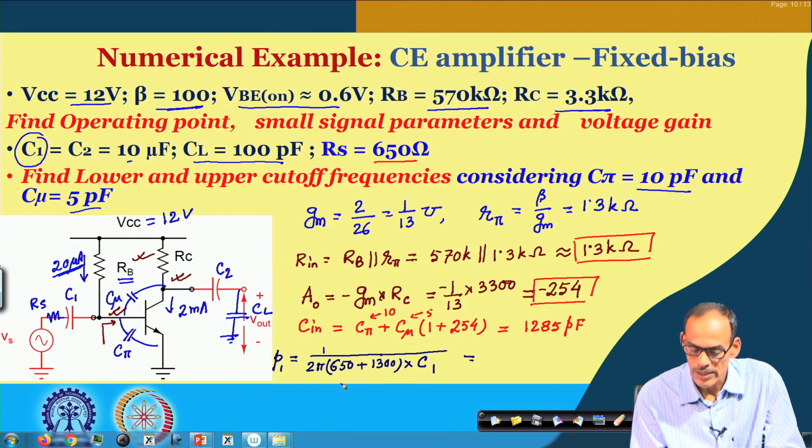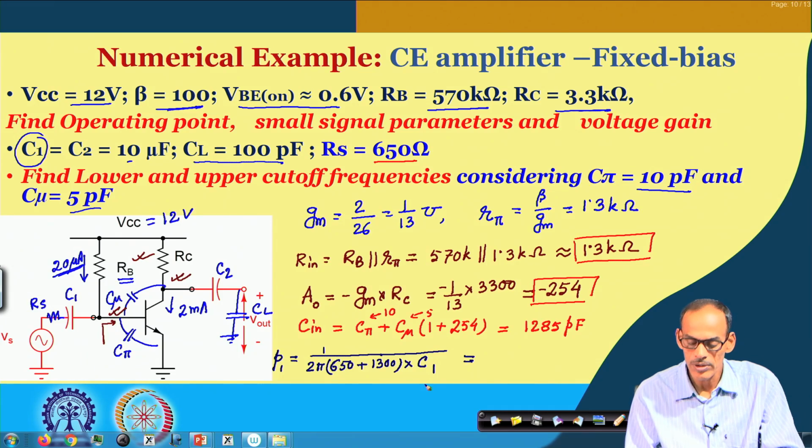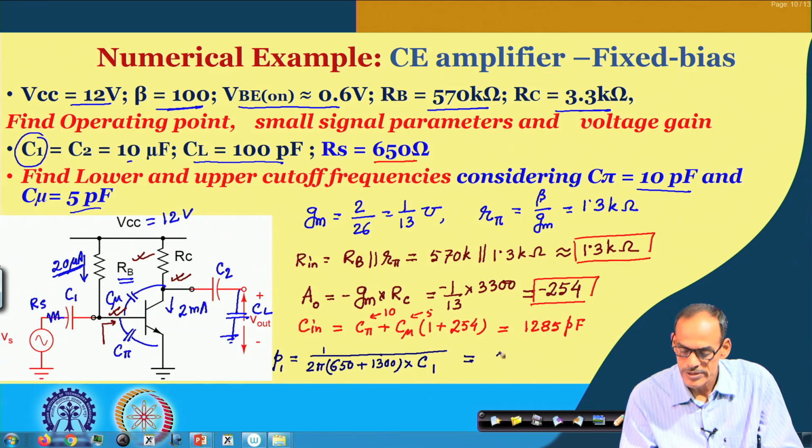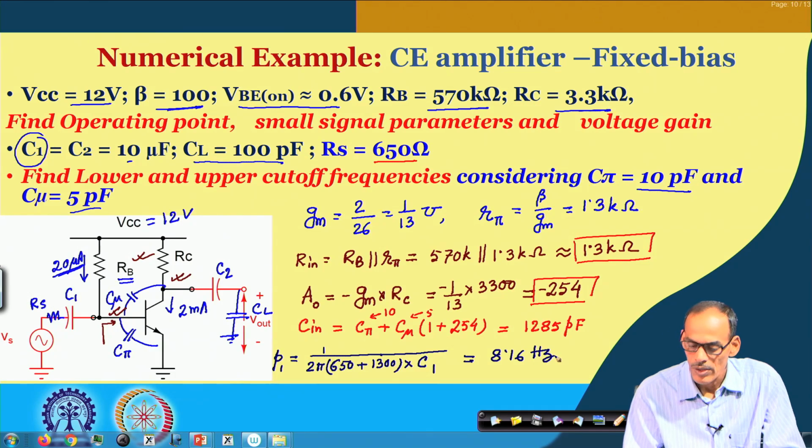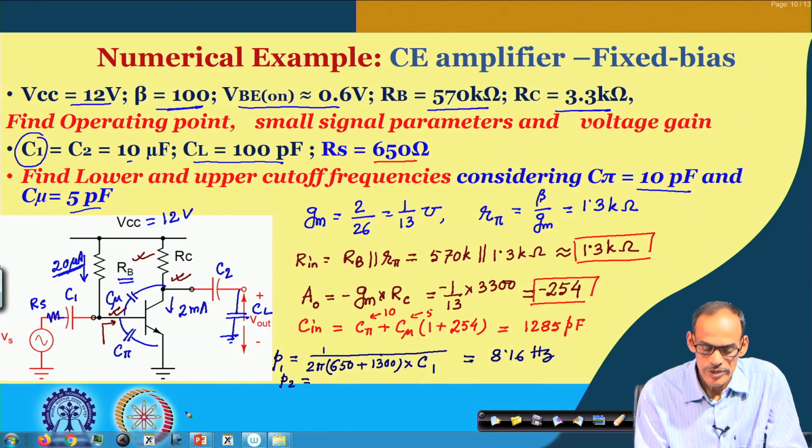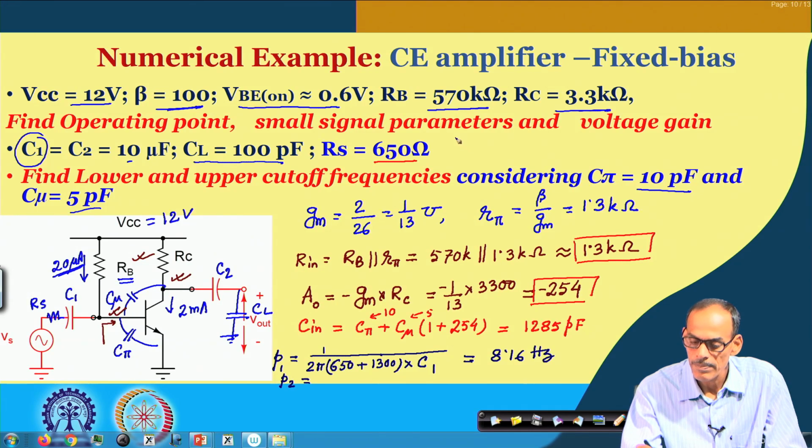In fact, this calculation we already have done for the previous example, and that gives us 8.16 hertz. On the other hand, we can calculate P 2. P 2 also will be very similar. So, let me use this space here to calculate P 2.